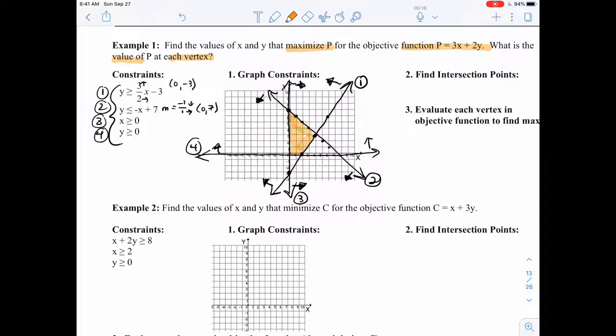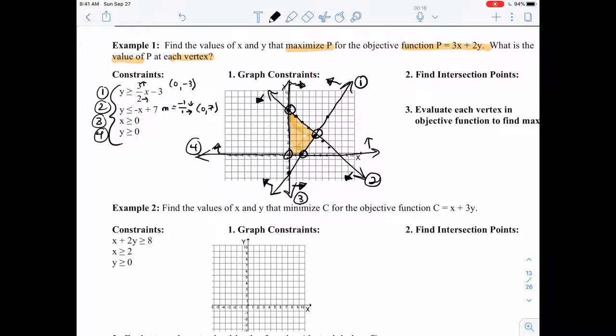So our shaded region is that quadrilateral that's shaded. Our critical points are the vertices, the points of the shaded region. So I'm going to circle those.